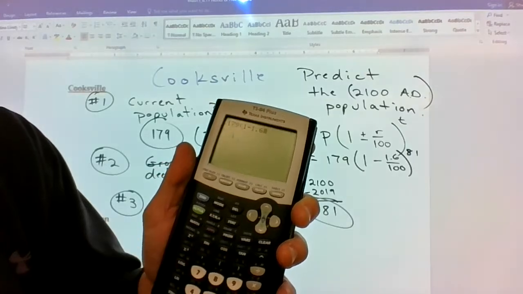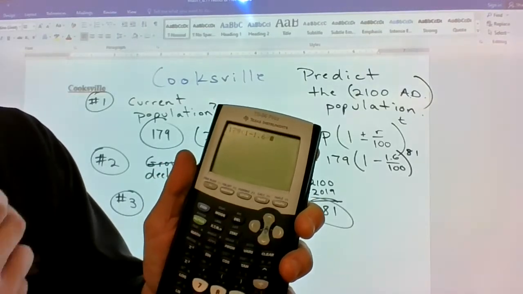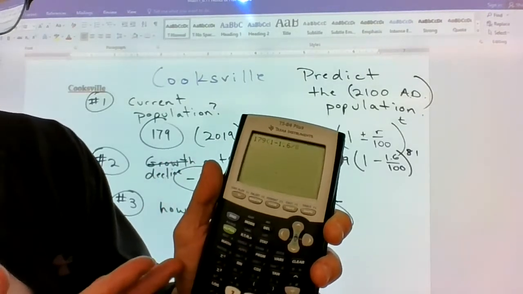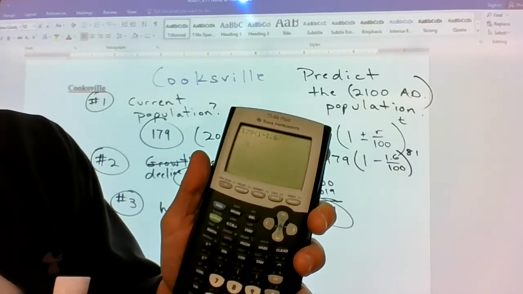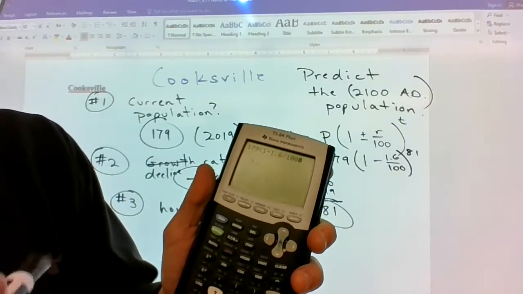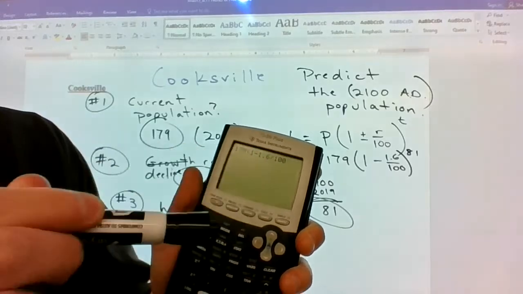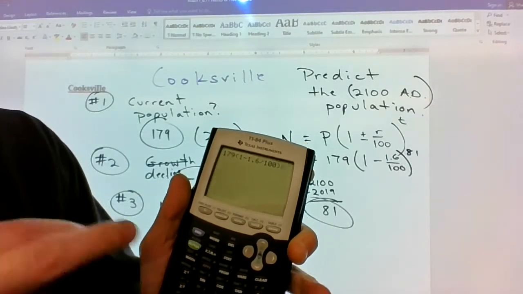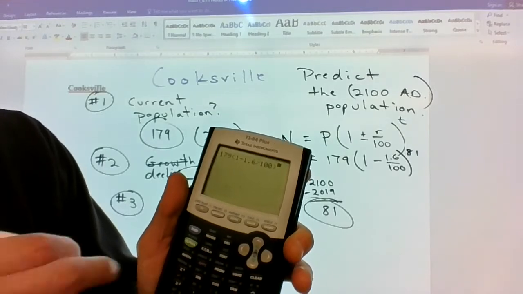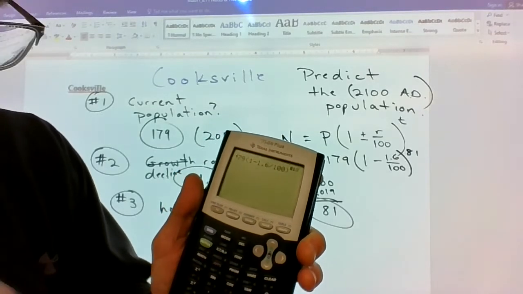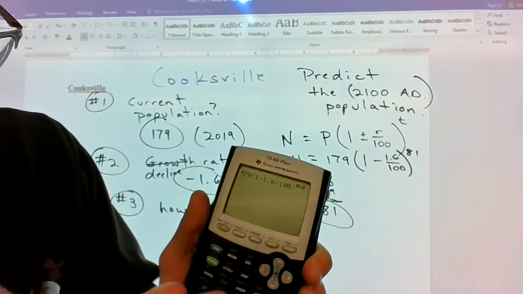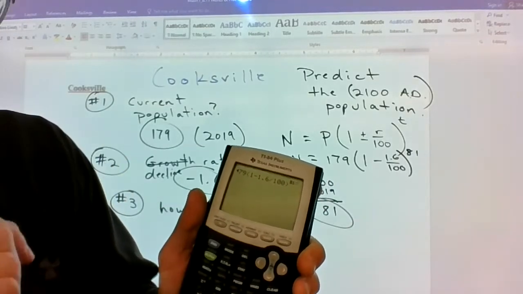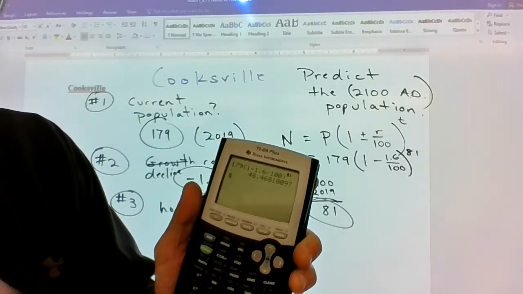I don't really have a fraction button on this calculator, but division is the same thing as the operation that fractions have. And my calculator knows the order of operations, so it knows to divide before subtracting. I'm going to close off the parentheses and then take it to the 81st power using the caret button. Your caret button might not actually make it look like an exponent. It might just put the caret symbol in there. All right, what do we get?